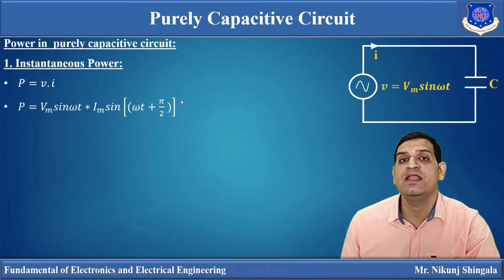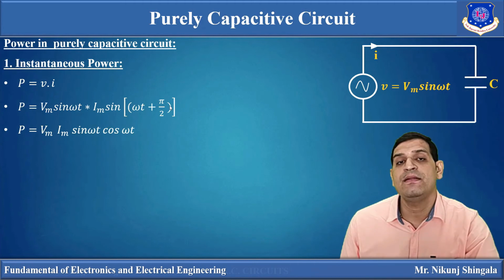Putting in the values of V and I, we have already found the value of I. So P is equal to Vm sin omega t into Im sin of omega t plus pi by 2. Now sin of omega t plus pi by 2 is equal to cos omega t. So P is equal to Vm Im sin omega t cos omega t.